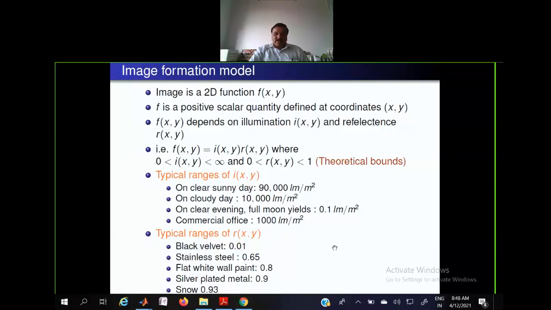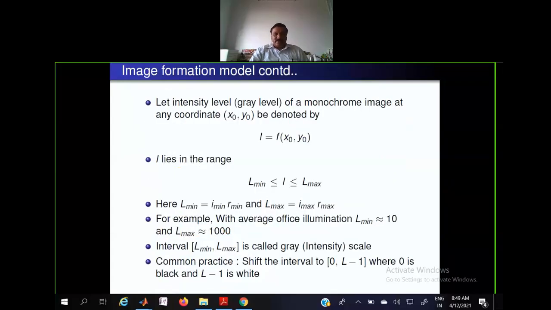Suppose in the same scene, I also have a black velvet with the same commercial office 1000 lumens per meter square. That means some part is black, it only reflects 0.01. That means it is 1000 into 0.01. So you can imagine what would be the minimum value, what would be the maximum value of this f that you are going to get. And this minimum to maximum is going to be discretized. So that's what we discuss in the next slide.